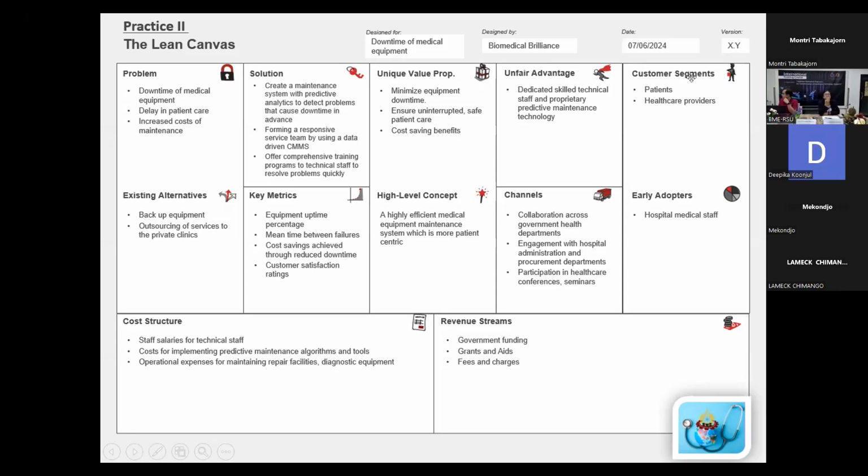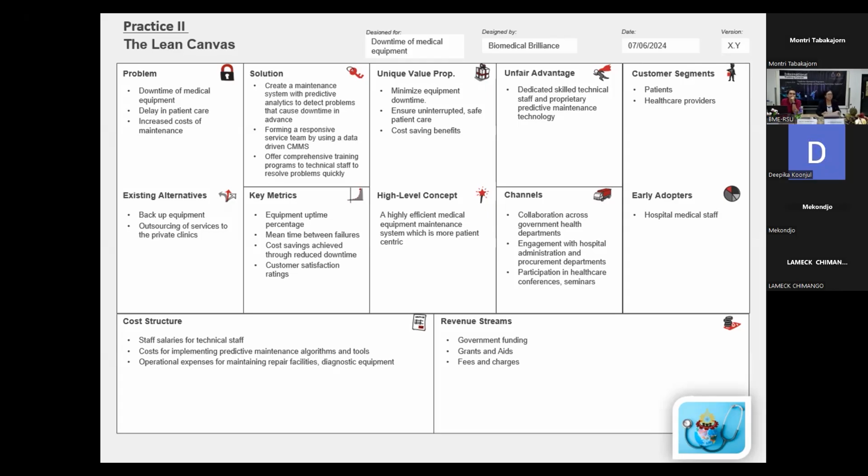The customer segments that will benefit from the solution that we are proposing are patients and the healthcare providers. Our unique value proposition is minimizing equipment downtime and ensuring uninterrupted and safe patient care, which will also have cost-saving benefits. And our solution that we are proposing is as follows.